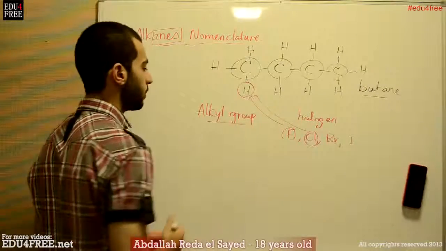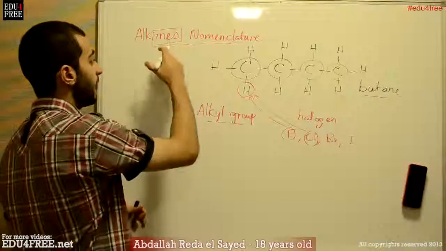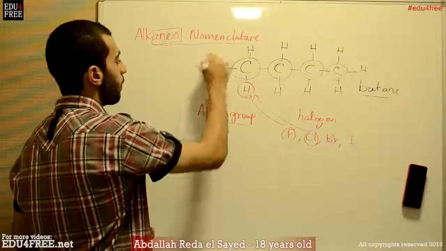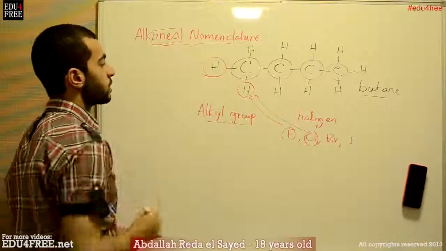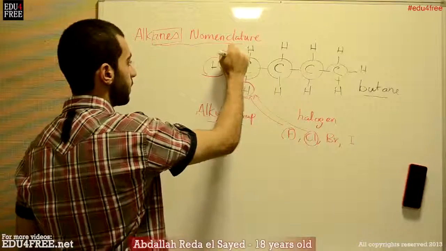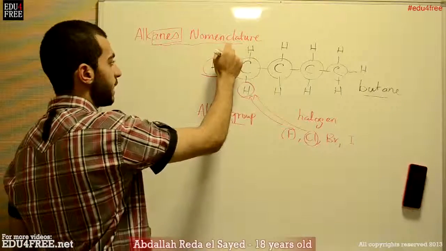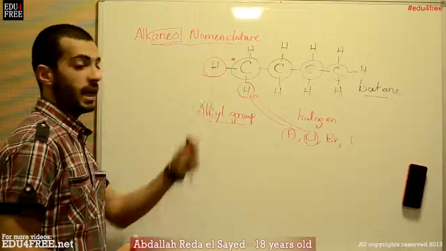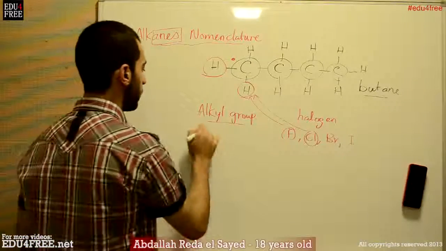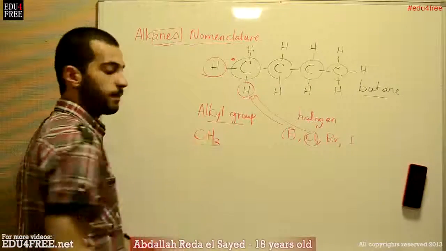Or an alkyl group. An alkyl group is an alkane with an H removed, so that there is a vacant orbital here that needs an extra electron, so it forms a single bond. For example, this one, CH3.